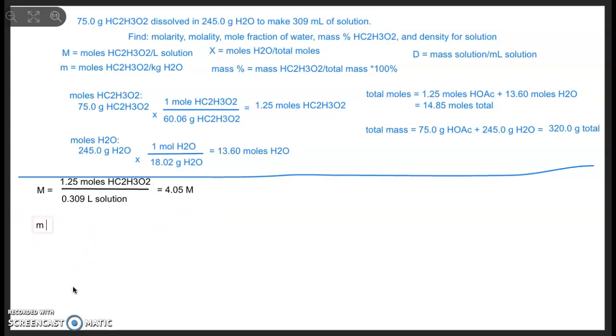Molality is similar: 1.25 moles of acetic acid divided by kilograms of water, so 0.2450 kilograms of water.